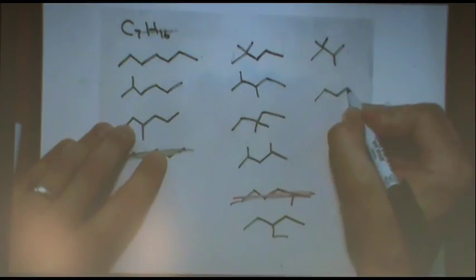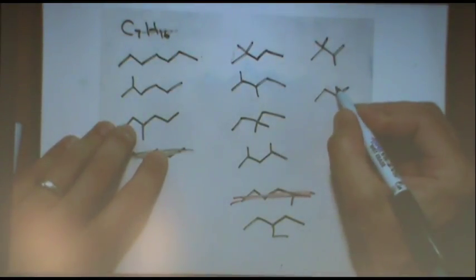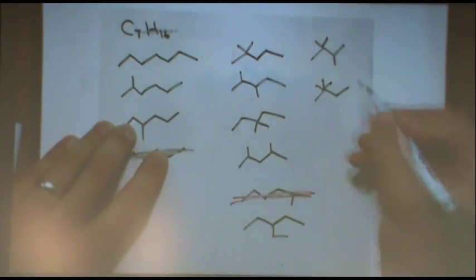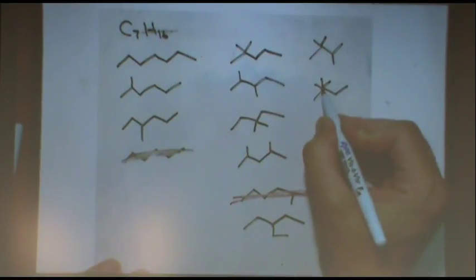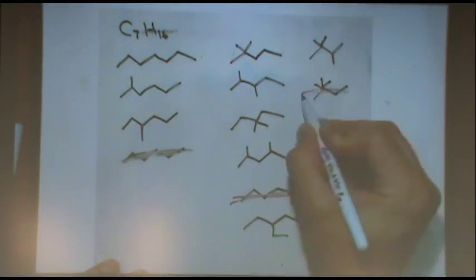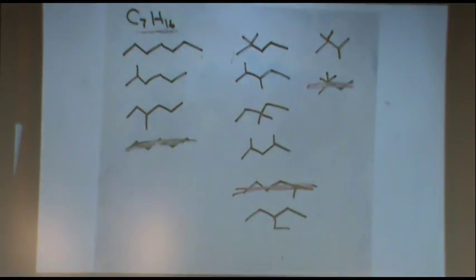Sure, let's do that. Second or third position. Is that cool? Why not? Yeah, you can't have 5 bonds on the second carbon. Not possible.